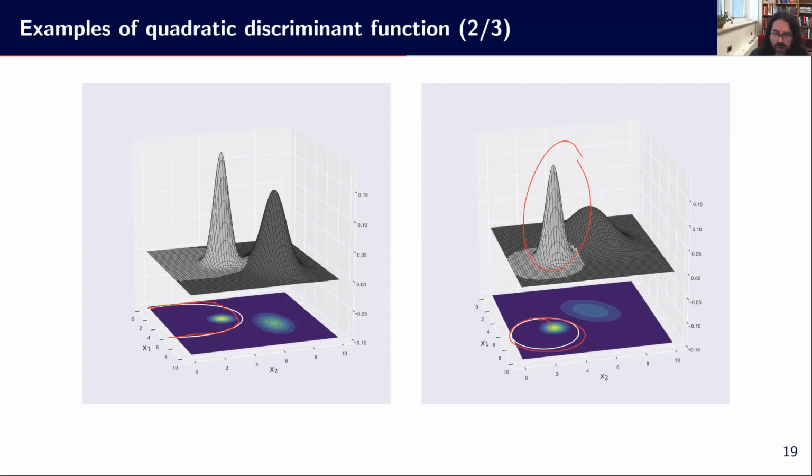This is really where we have a higher value, and otherwise in the domain we are associated to the other class, which is flatter, but the spread is bigger. So when we are far away, the value for that class is higher than the value for the class that is well concentrated around the mean.